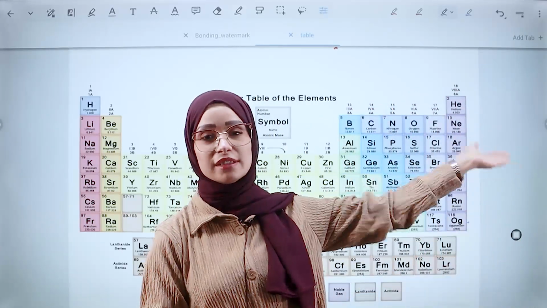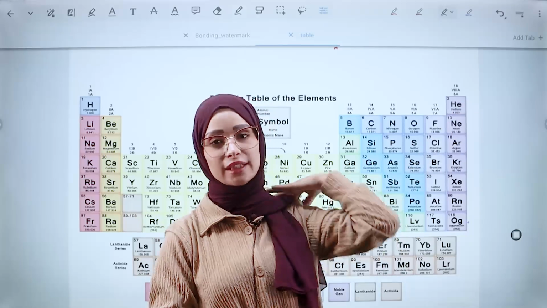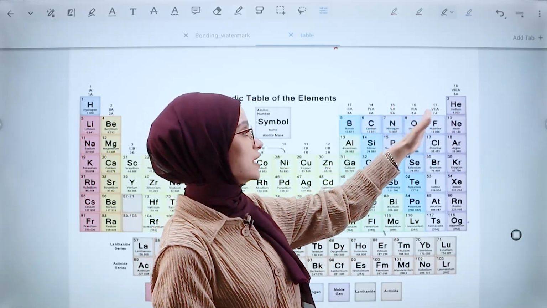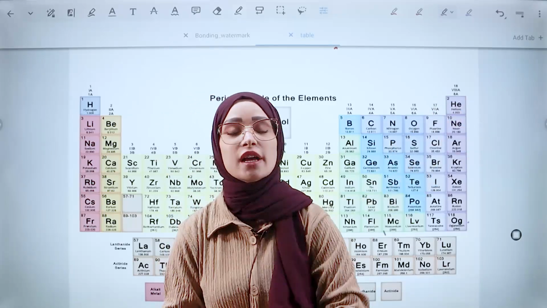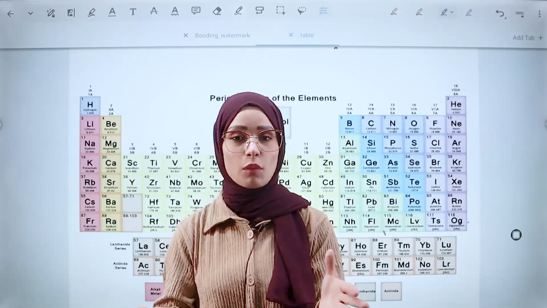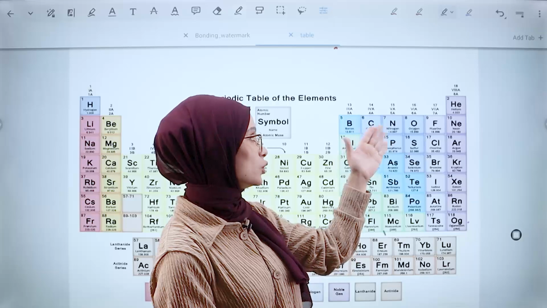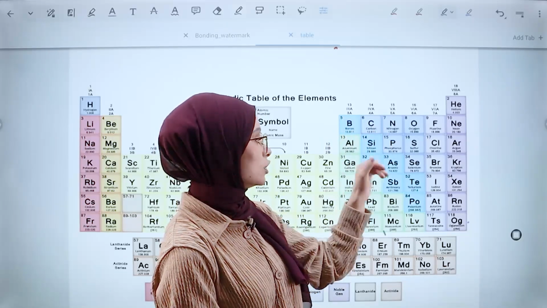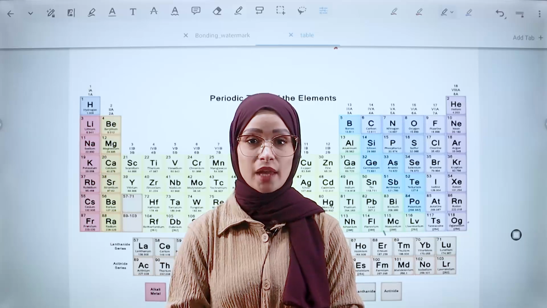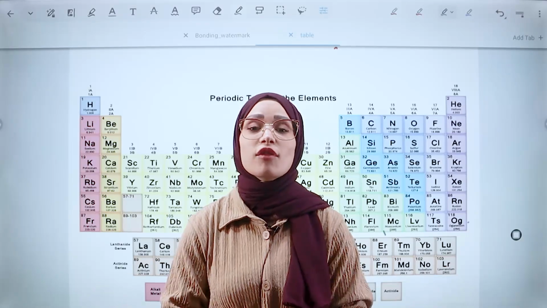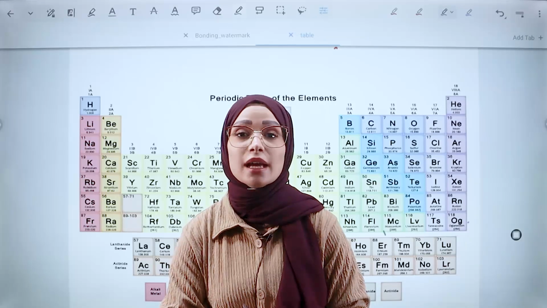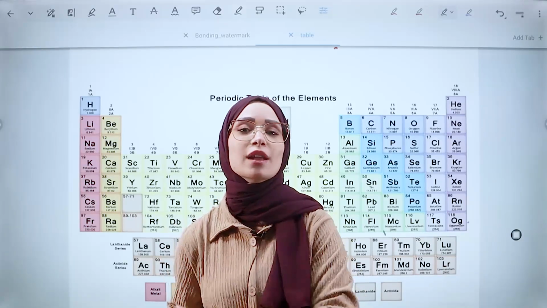And nonmetals are on the right side of the periodic table: group number 5, 6, 7, and 8, of course the noble gases. And you should keep in mind that we have metalloids between group number 3 and 4, like boron, silicon, germanium, and so on. Now, the type of bonds these elements make depends on the type of the element.